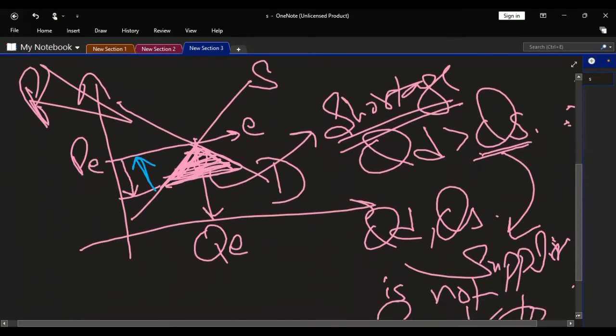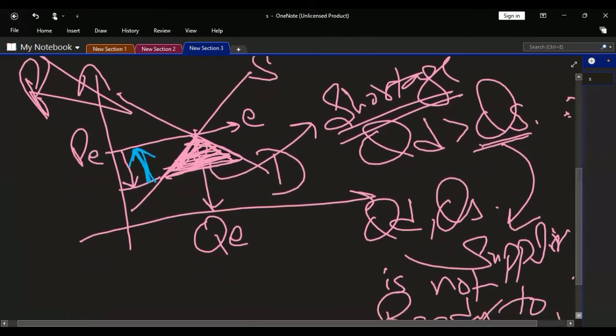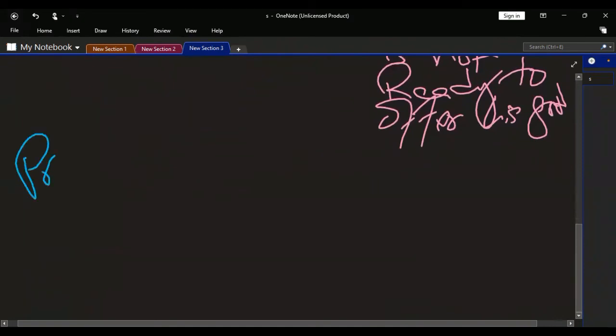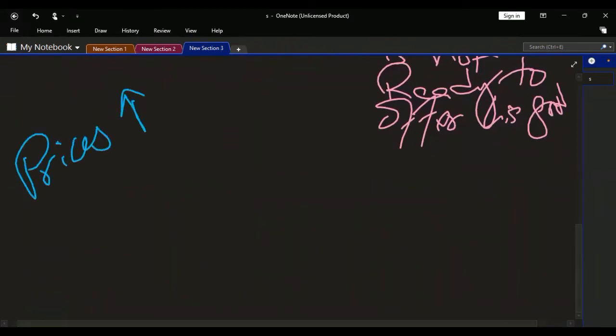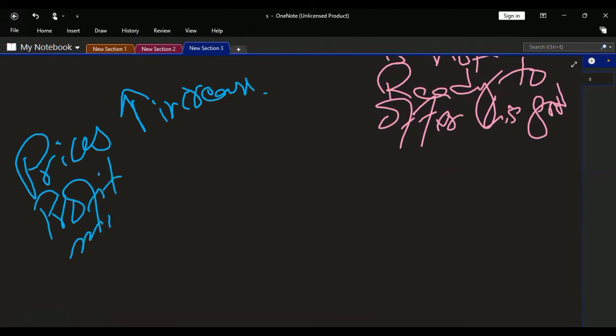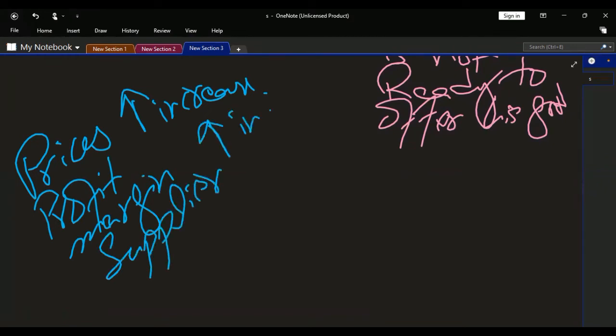So in this case, the price needs to be increased. When prices of the product increase, it will increase the profit margin of the supplier, and the supplier will try to offer and produce more and more goods so his profit can be maximized.